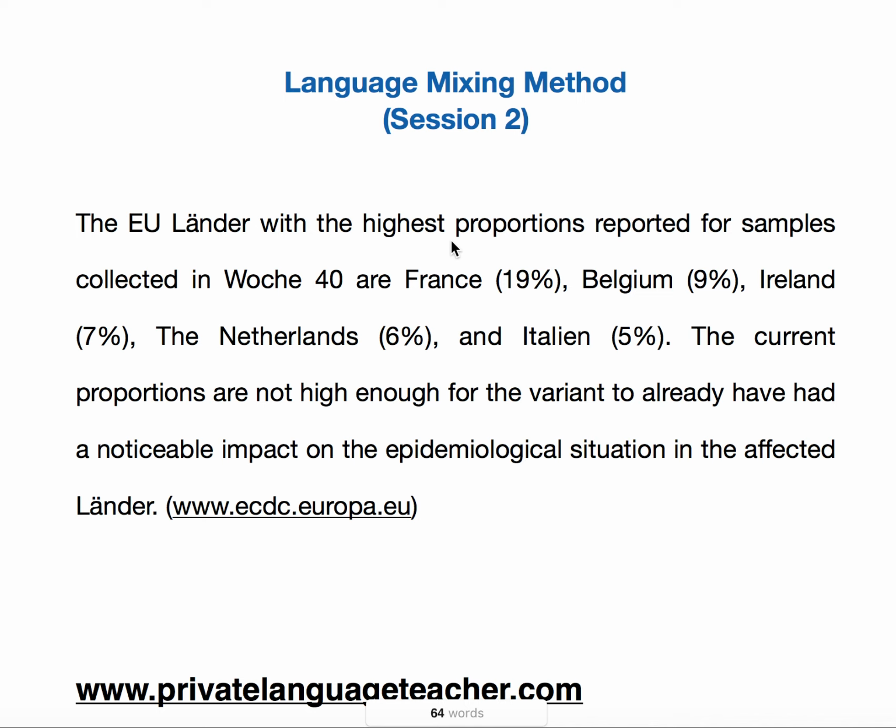With the highest proportions. Countries, correct, countries. So the EU countries with the highest proportions reported for samples. Okay, so Länder is countries, plural. It's a noun, and German nouns are written with a big letter at the beginning, so that's interesting, okay?